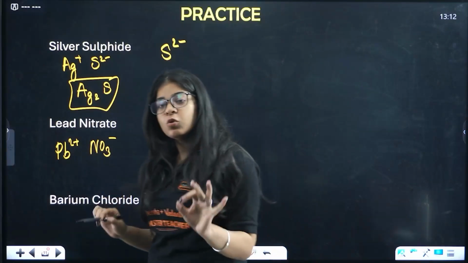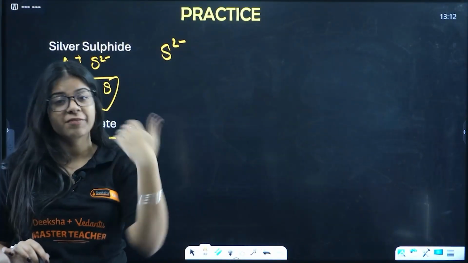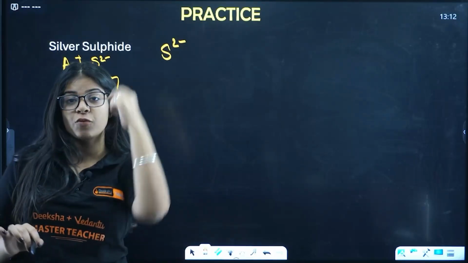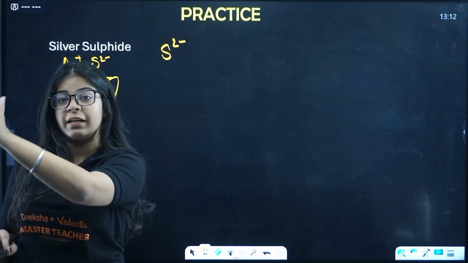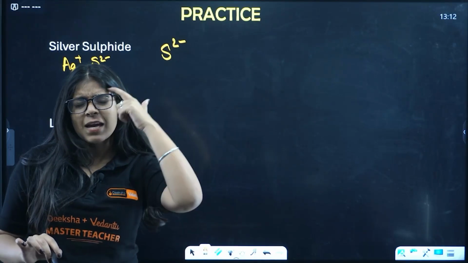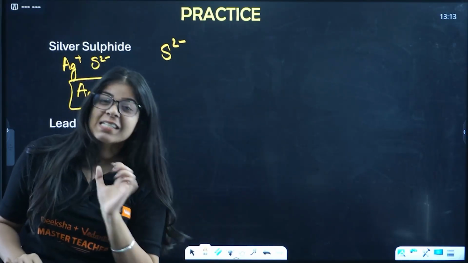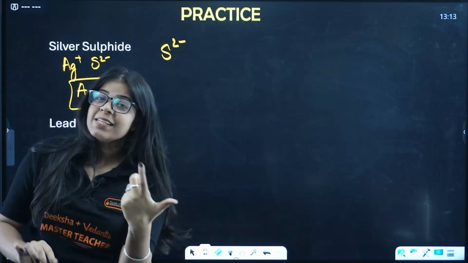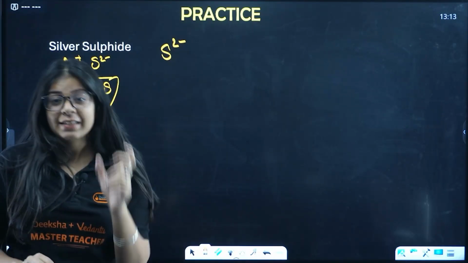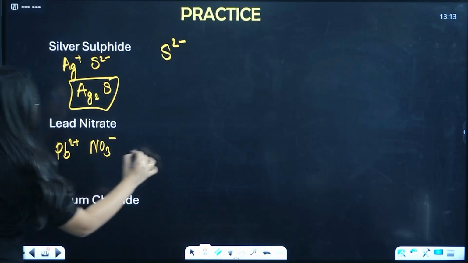Pb +2 NO3 negative. With sulfide or sulfate, it is SO4 2 negative, SO3 2 negative. Sulfite is SO3 2 negative, sulfate is SO4 2 negative, sulfide is S2 negative, nitrate is NO3 negative. Understood? So it is NO3 negative.